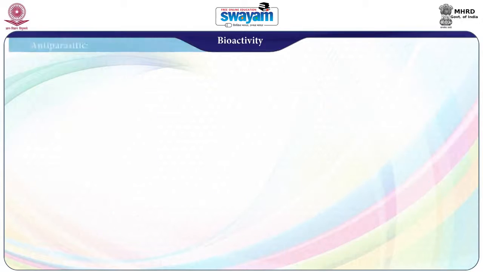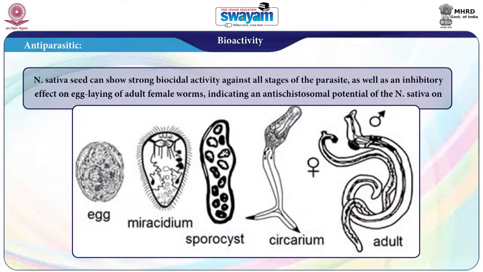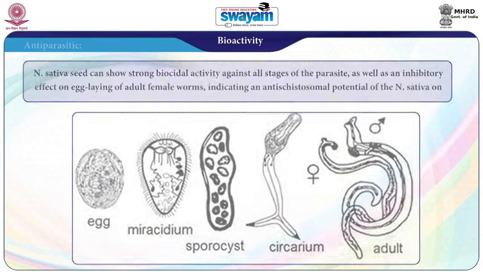Antiparasitic. Nigella sativa seed can show strong biocidal activity against all stages of the parasite as well as an inhibitory effect on egg laying of adult female worms, indicating an anti-cytostomal potential of Nigella sativa.